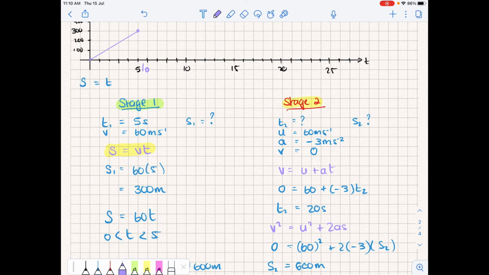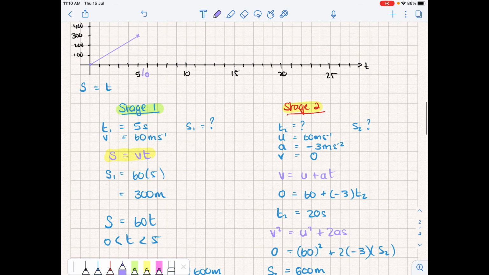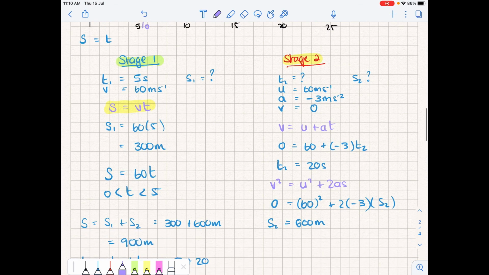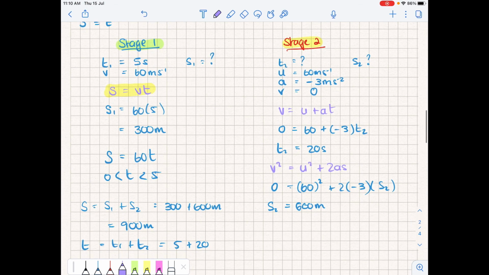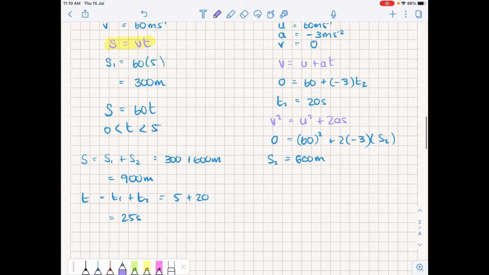So in order to work out what to draw, we need to come up with an equation for the second part of the journey. And this needs to be based off the starting position at the end of stage 1.